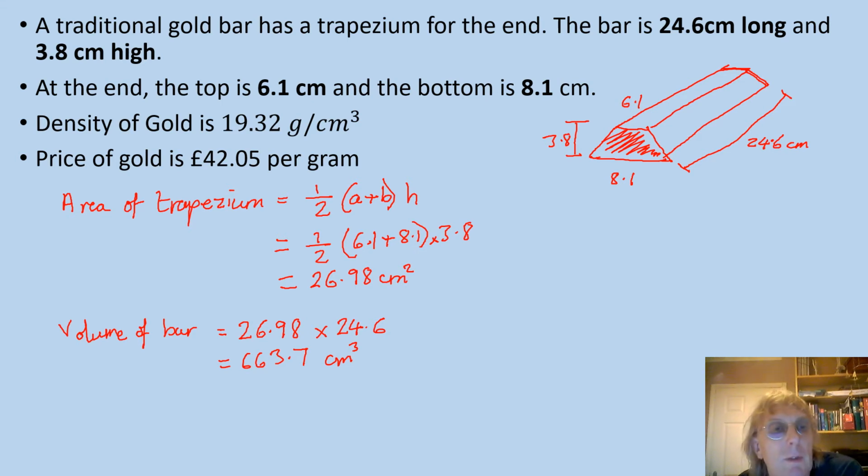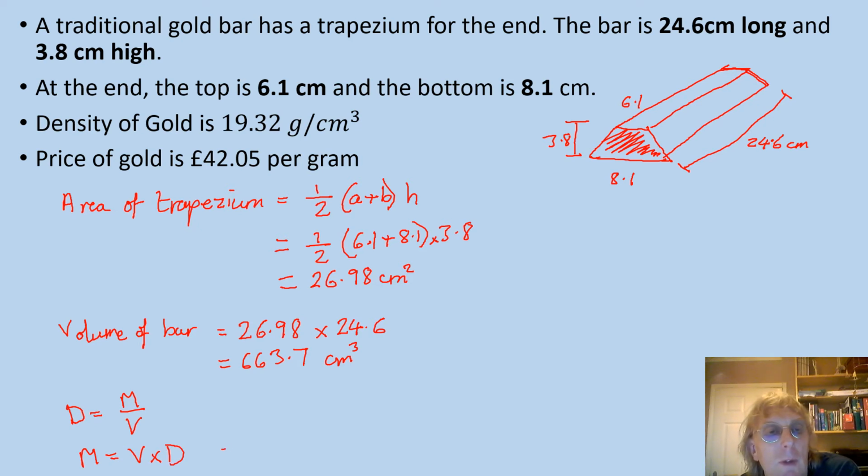The next thing we need to find out, well, they've given us the density of gold as that. Density equals mass over volume. We've worked out the volume, we've got the density. The thing we need to know is the mass, how much it weighs. So the mass is straightforward: mass equals volume times density.